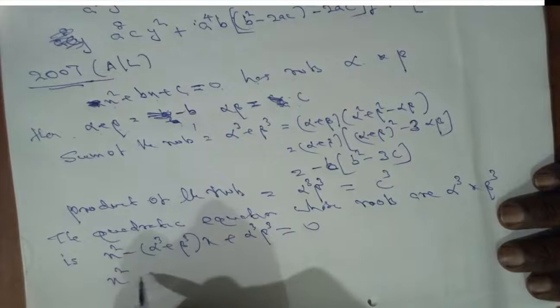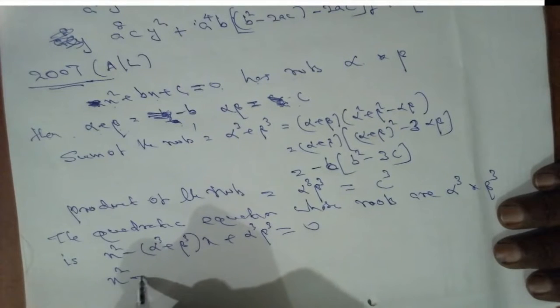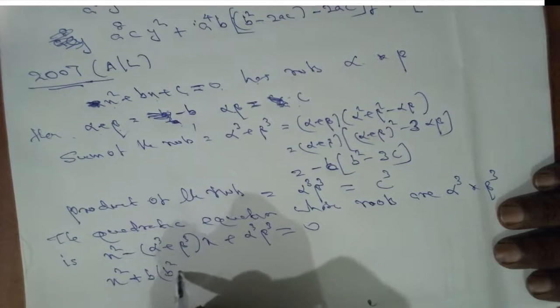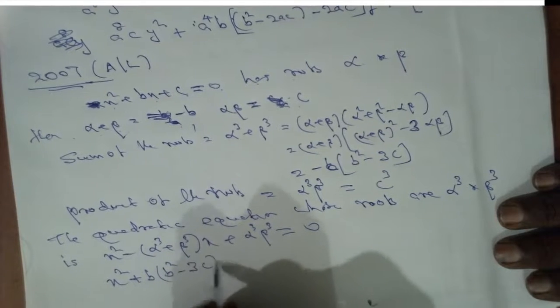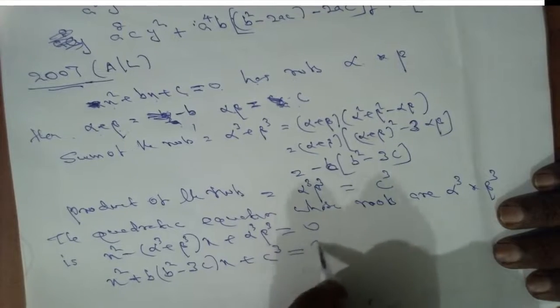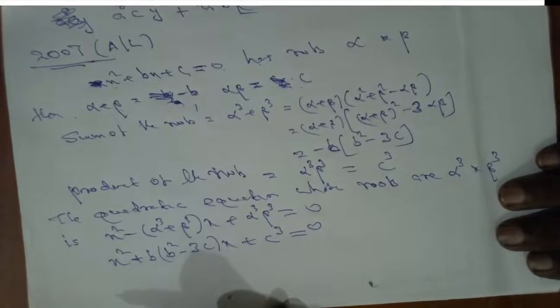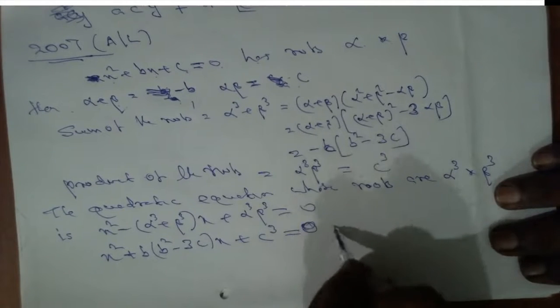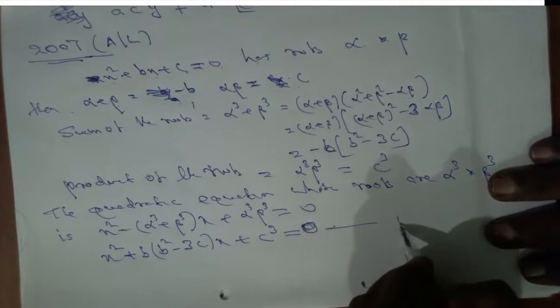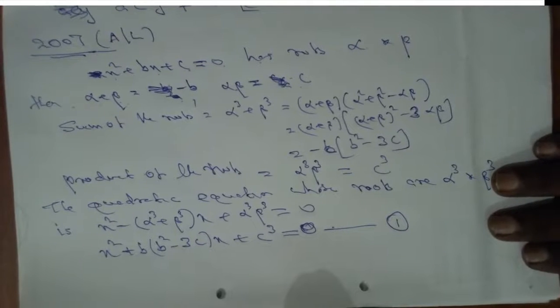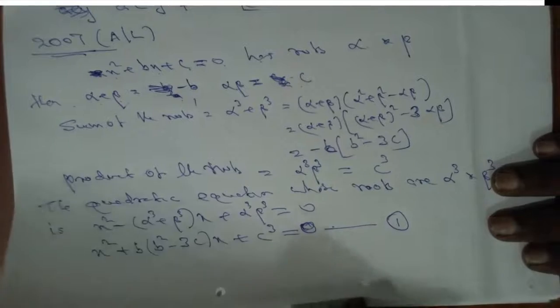Now you can substitute these values: x squared plus b times b squared minus 3c x plus c cube equals 0. So this is the quadratic equation whose roots are alpha cube and beta cube. So you can take this as 1.